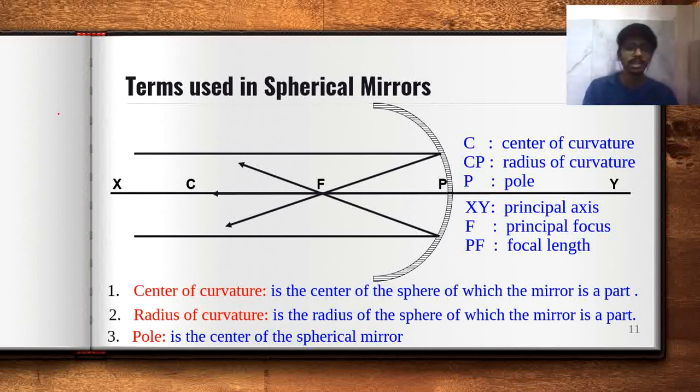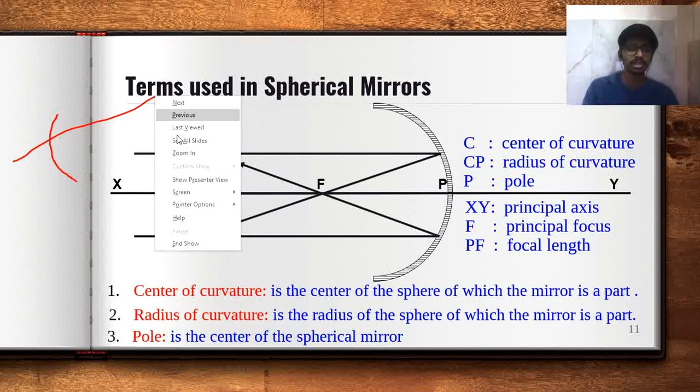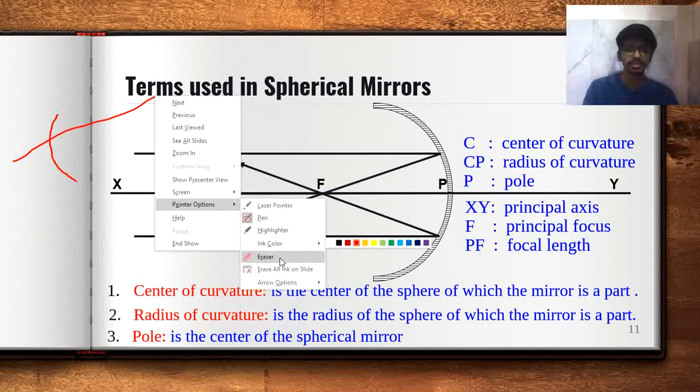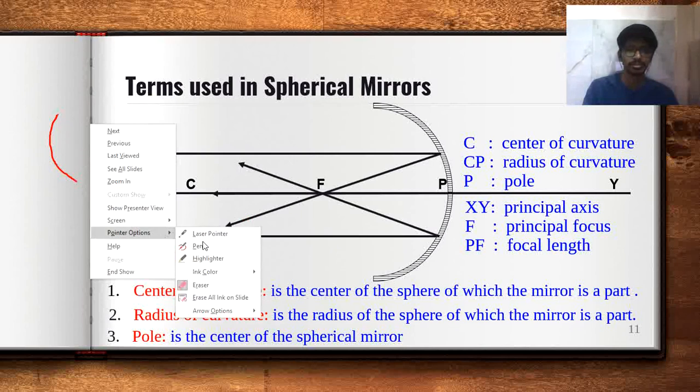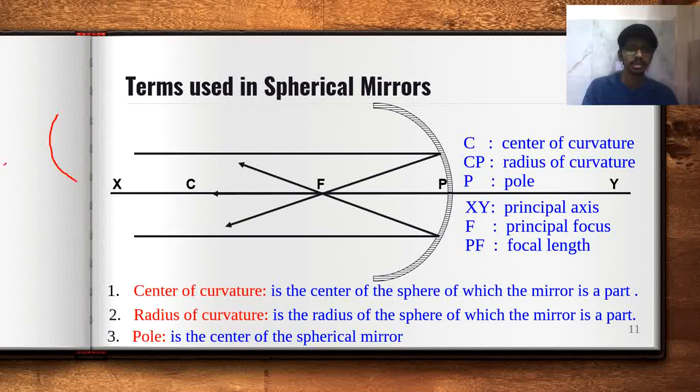But in the case of a convex mirror, this is the front and this is behind.